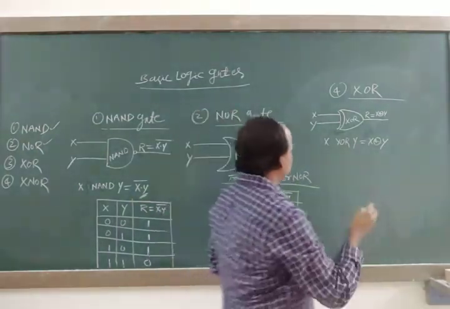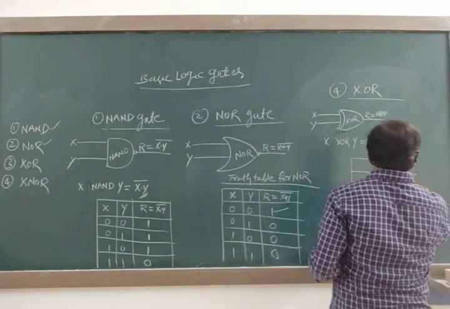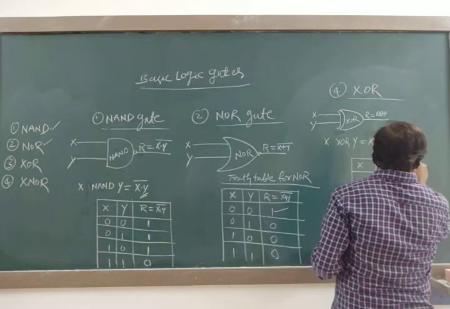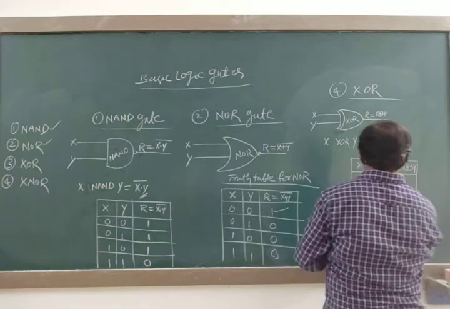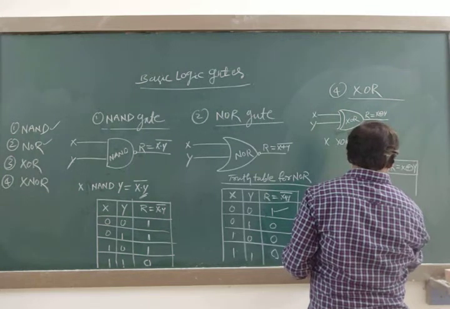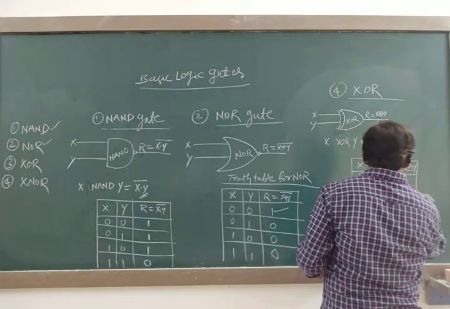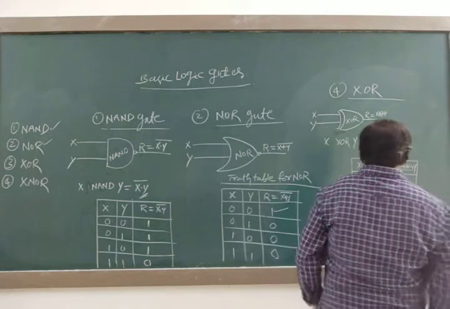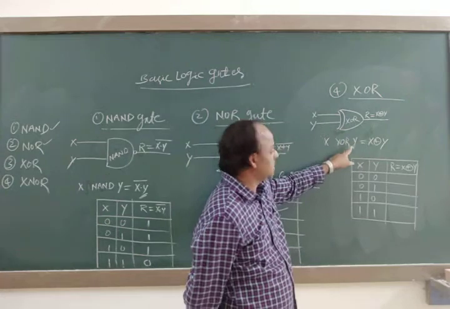Now see the truth table. So what does the XOR gate mean?